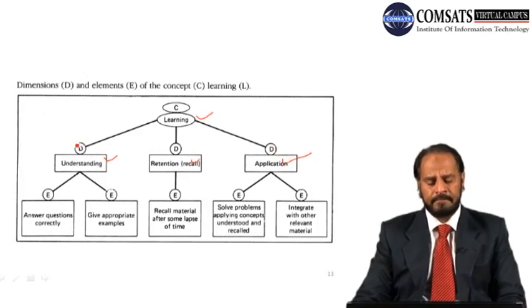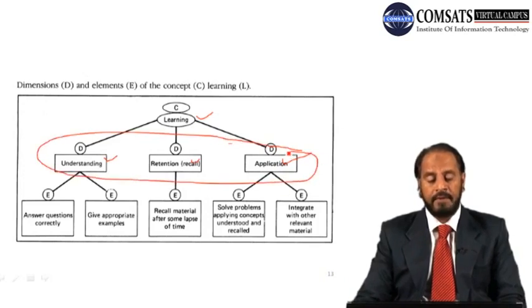So the first level, one could say, of the operational definition of learning is that these are the three traits or dimensions or characteristics of learning.